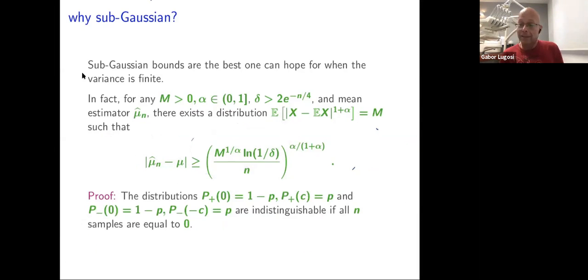assuming the second moment is somehow special, is a good assumption in a sense, right? Because what this lower bound says is that if we want to have a rate of convergence that's 1 over square root of n, then you have to have a second moment. If you don't have it, if we have something weaker, then we have to pay for it in the rate of convergence. Okay? But as soon as we have a second moment, we have actually a sub-Gaussian error, and sub-Gaussian is the best you can hope for, right?